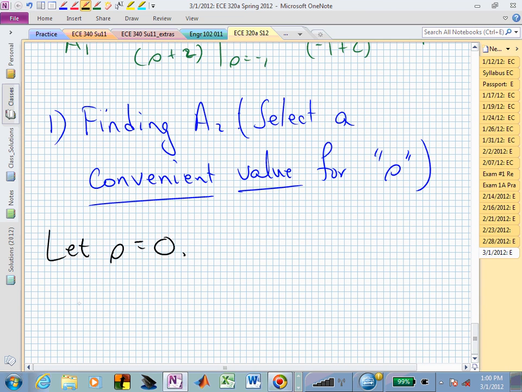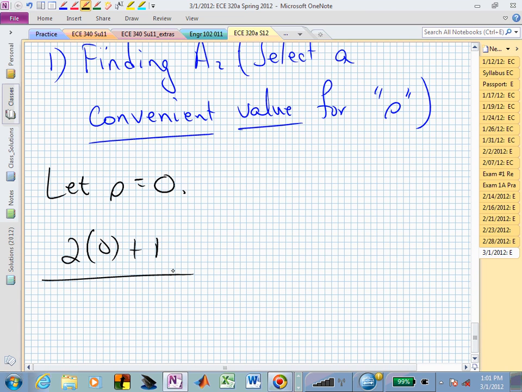Now I plug s equal to 0 everywhere. In the left-hand side, I had 2s plus 1 upstairs. I had s plus 1 squared and s plus 2. And I've assumed that I've already found my a1 and my a3. So I'm going to plug in the a1, which was minus 1.